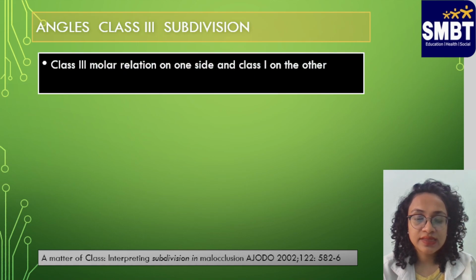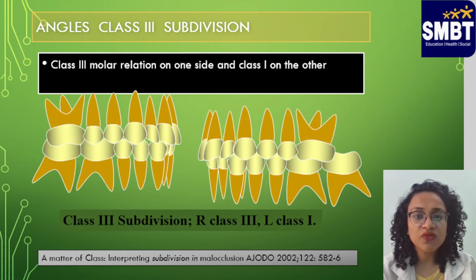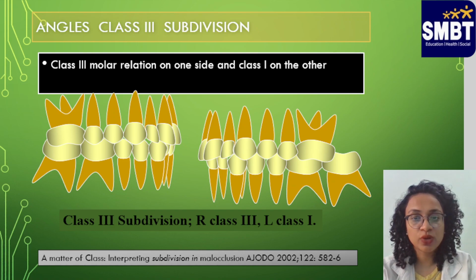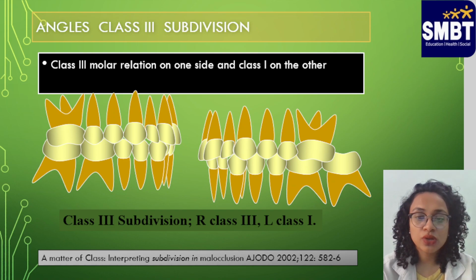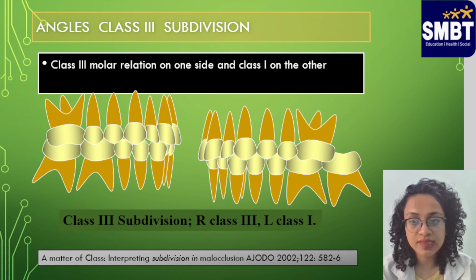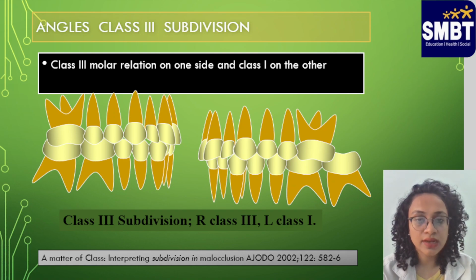Now Angle's class 3 subdivision is the same. When we have a class 3 molar relationship on one side and a class 1 molar relationship on the other side, it is called Angle's class 3 subdivision. You also have to specify, so we have written it here, on the right side it's a class 3 and on the left side it is a class 1.